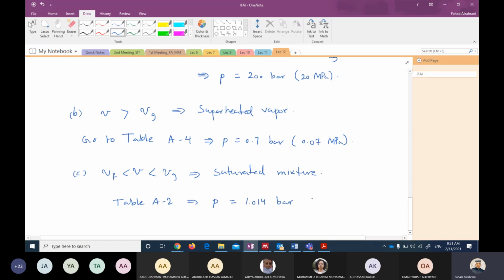Okay, so it's 0.1014 megapascal. So this pressure is the saturation pressure. That means this is a saturated mixture. It's in the saturation state. So this is the saturated or saturation pressure.